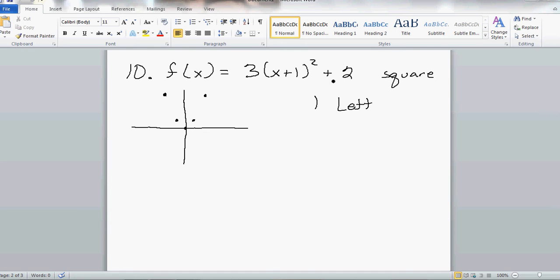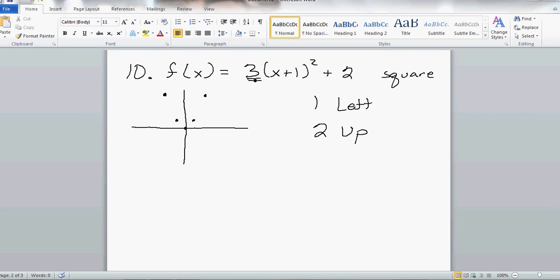Then we have this plus 2 here. This plus 2 is not directly connected to x, so since it's being added, it's going to be an up-down, and it does behave since it isn't directly connected, so it's going to be 2 up. This 3 right here tells us we need to do a stretch.